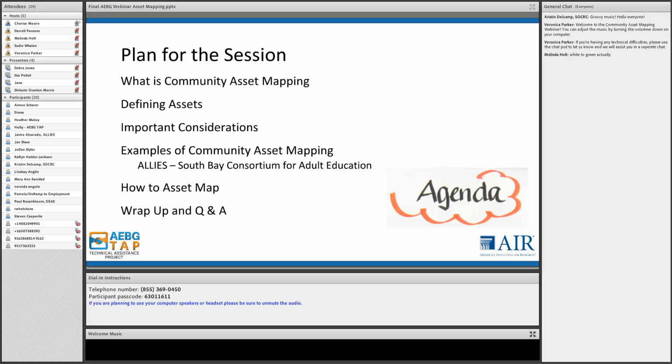And specifically, you'll hear from Allies and the work that they've done around community asset mapping with the South Bay Consortium for Adult Education. And then the presenters will share with you the procedures for asset mapping, how to go about doing it, the steps involved. And then we'll follow that with an opportunity to wrap up and to allow you to ask any questions that you have about the process as you begin to get started.